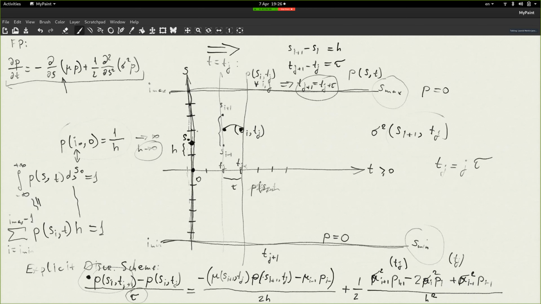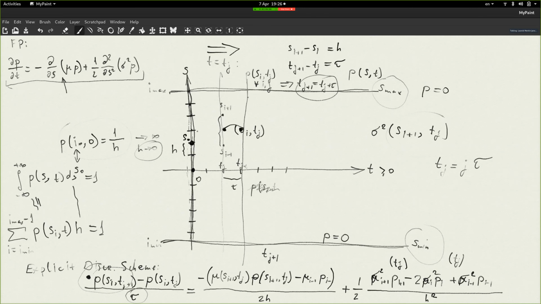In this case, you wouldn't be able to determine your p of si and tj plus 1 by just solving one single equation. You will get a system of linear equations with respect to all those p of si at tj plus 1, also taking into account the boundary condition that they are 0 here.